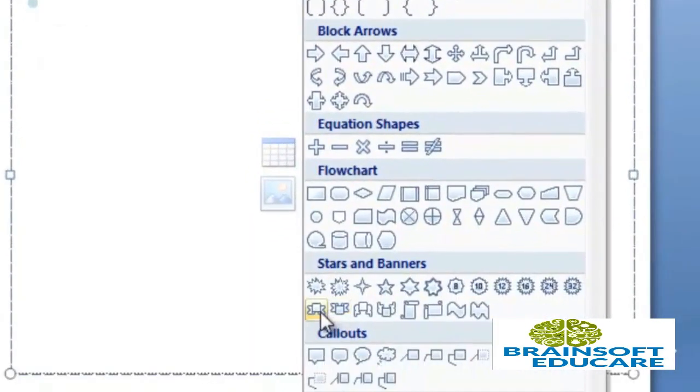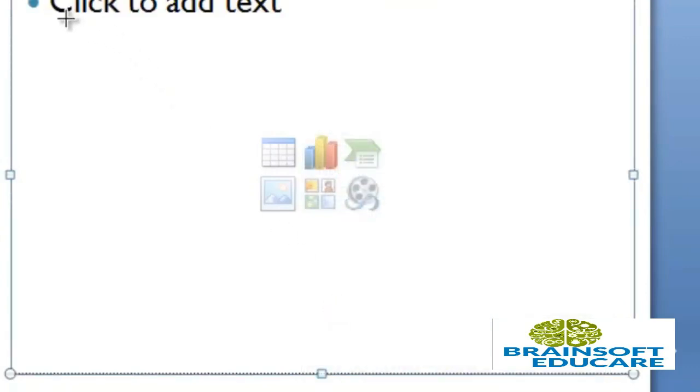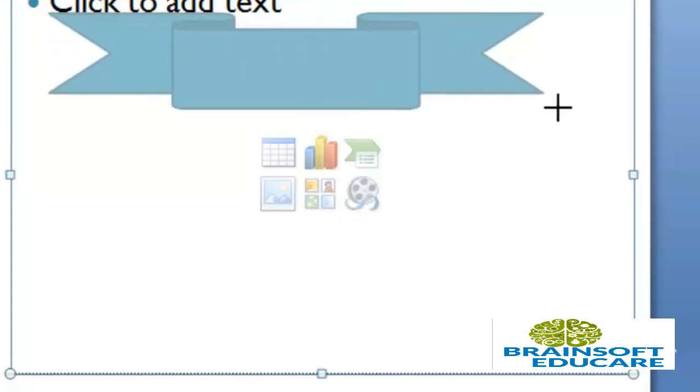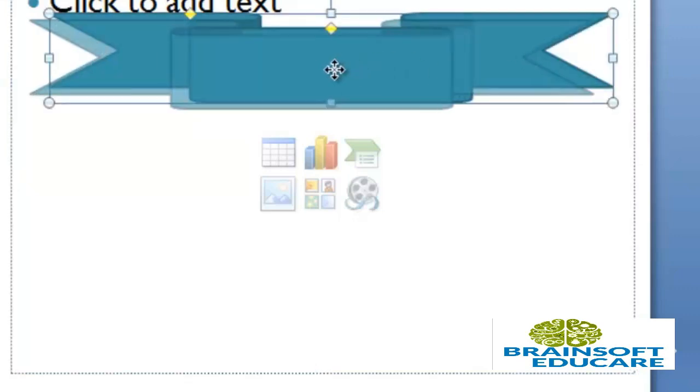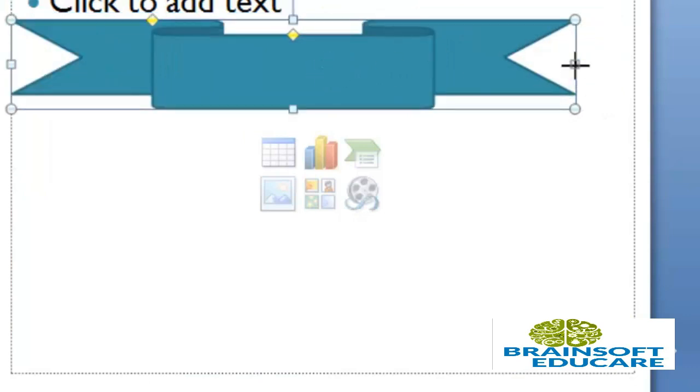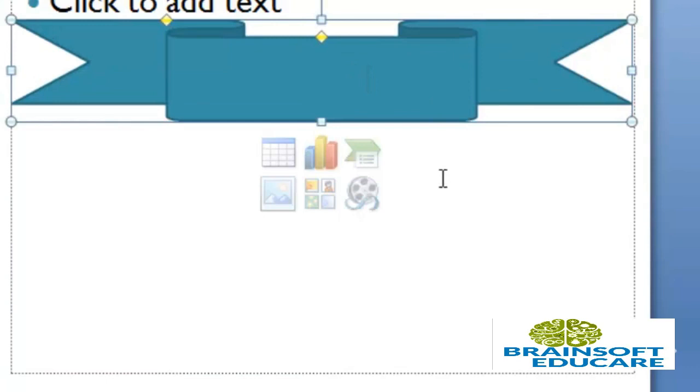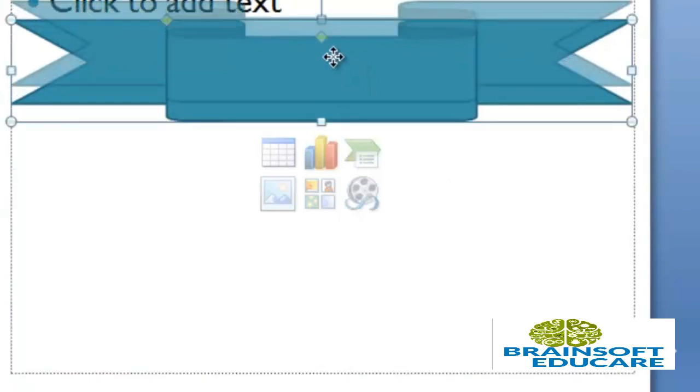I'm selecting this up ribbon or down ribbon, and now drag it over the slide and set the height and width of your shape. I have drawn my shape.